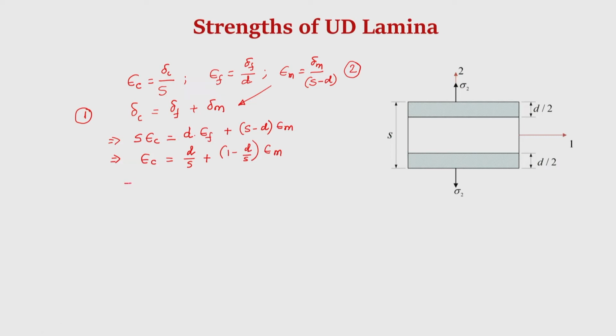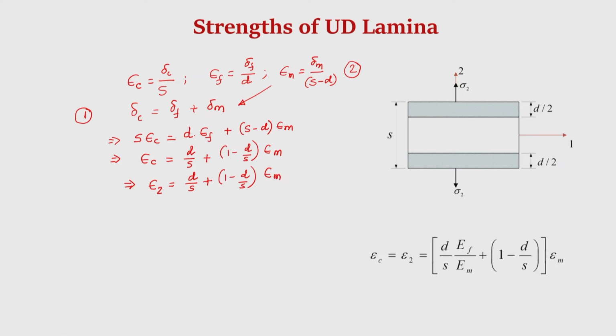So, this is nothing but the transverse strain epsilon 2, which is equal to d by S epsilon f plus 1 minus d by S into epsilon m. This is the transverse strain in terms of the relative dimensions of the fiber and matrix.